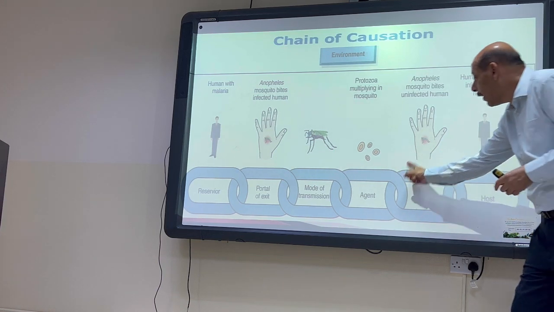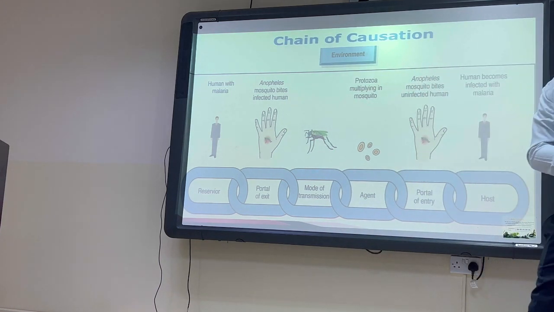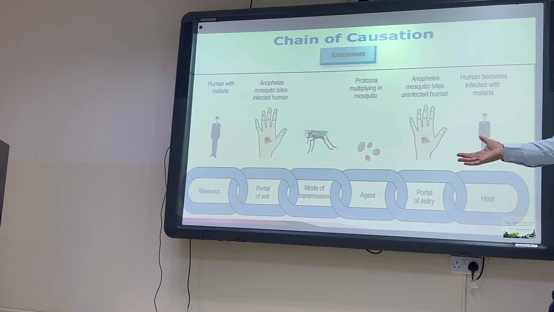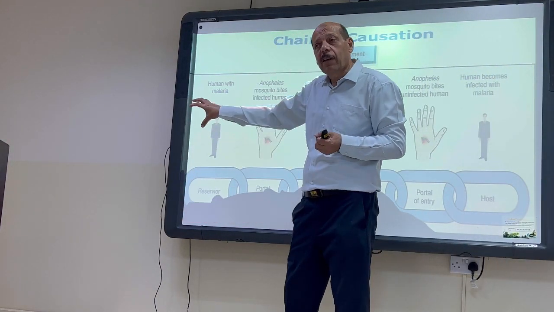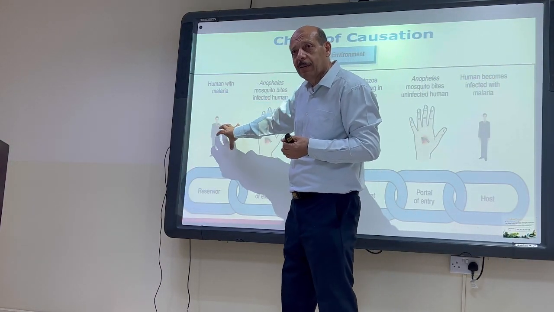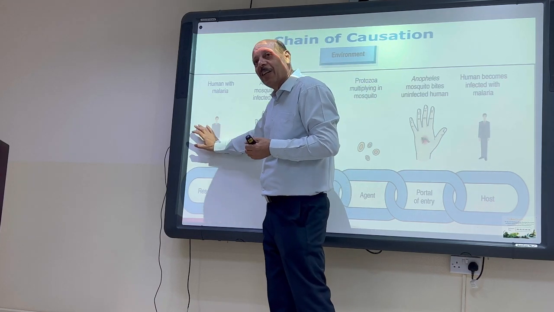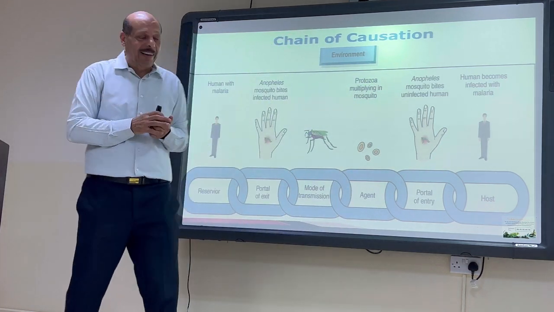If we cut the chain at any part, by that we are preventing the spread of the disease. If we are treating all the hosts, in this case no agent will be there.